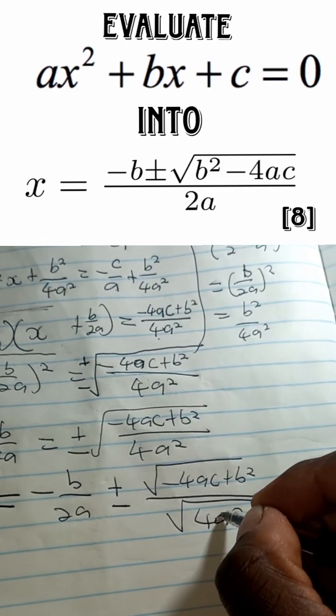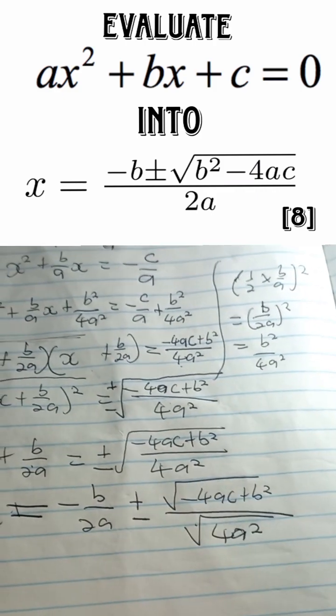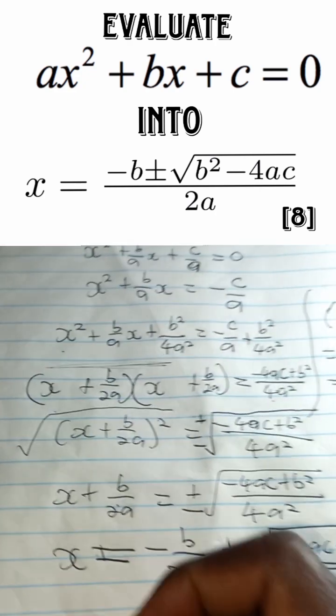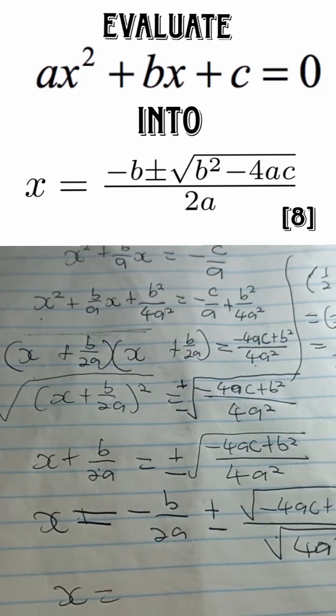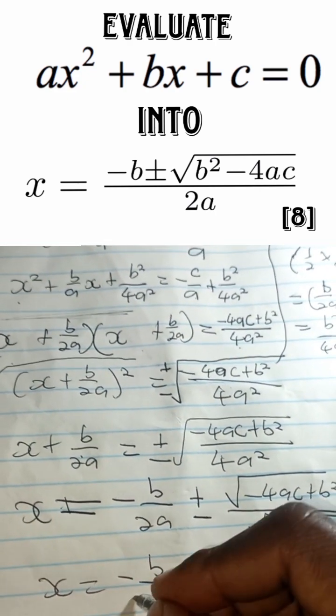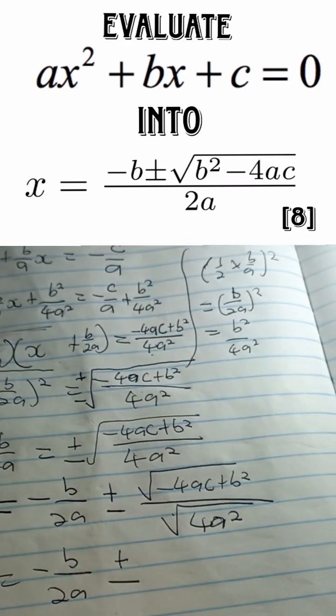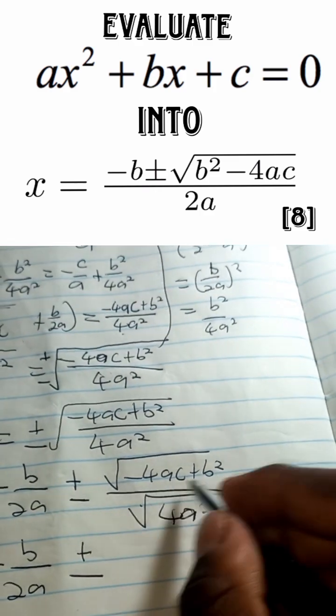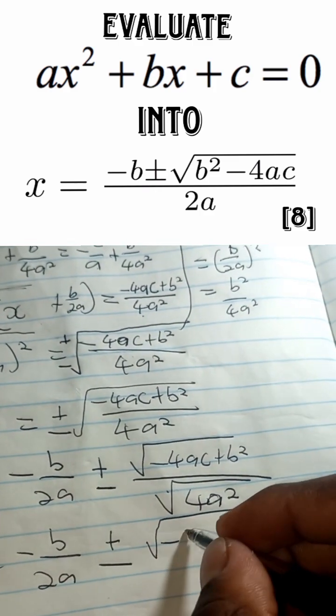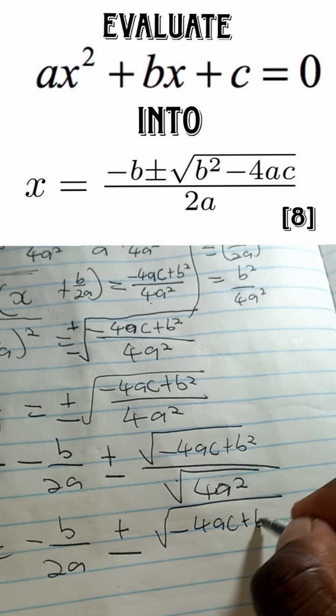Then x equals minus b divided by 2a plus or minus, and we have this one as it is: minus 4ac plus b squared.